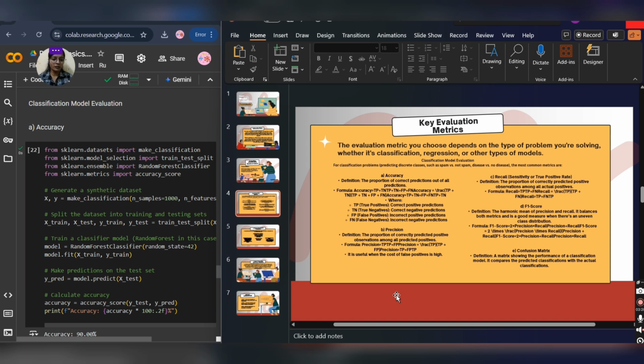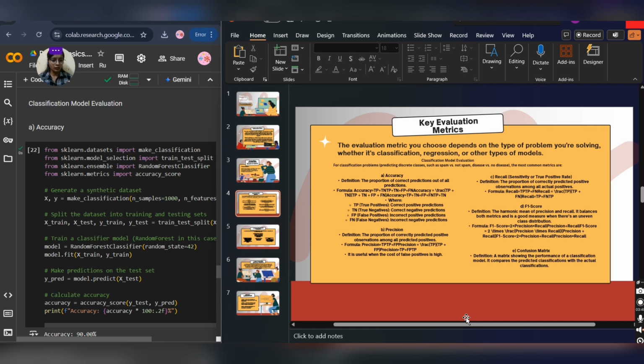The recall metric, or sensitivity or true positive rate, is defined as the proportion of correctly predicted positive observations among all actual positives. Now, F1 score is defined as the harmonic mean of precision and recall. It balances both metrics and is a good measure when there is an uneven class distribution.